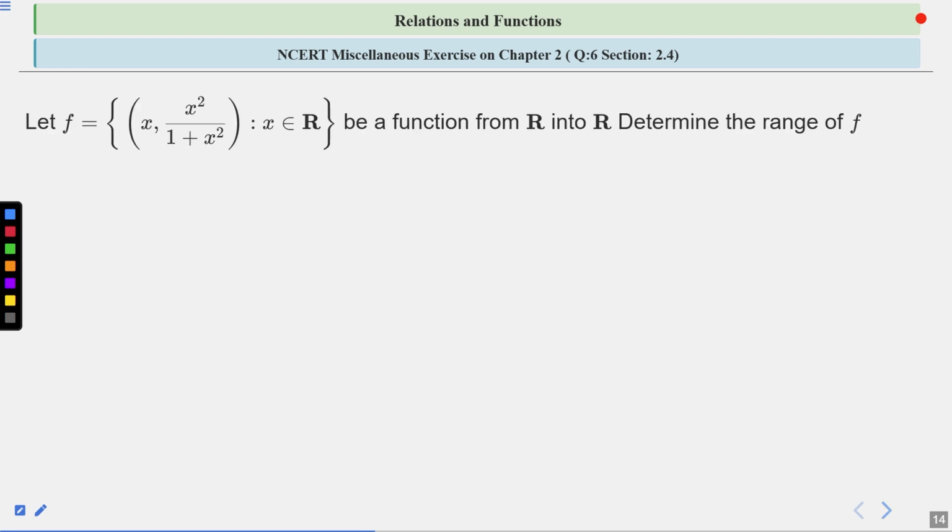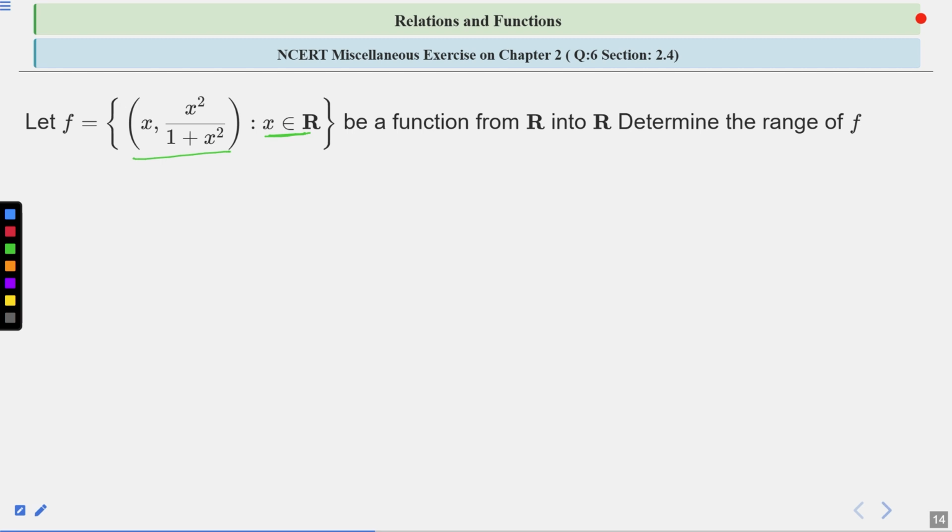Now this question. We have a function defined in set-builder form: the collection of all pairs (x, x squared divided by 1 plus x squared) such that x belongs to the set of reals.